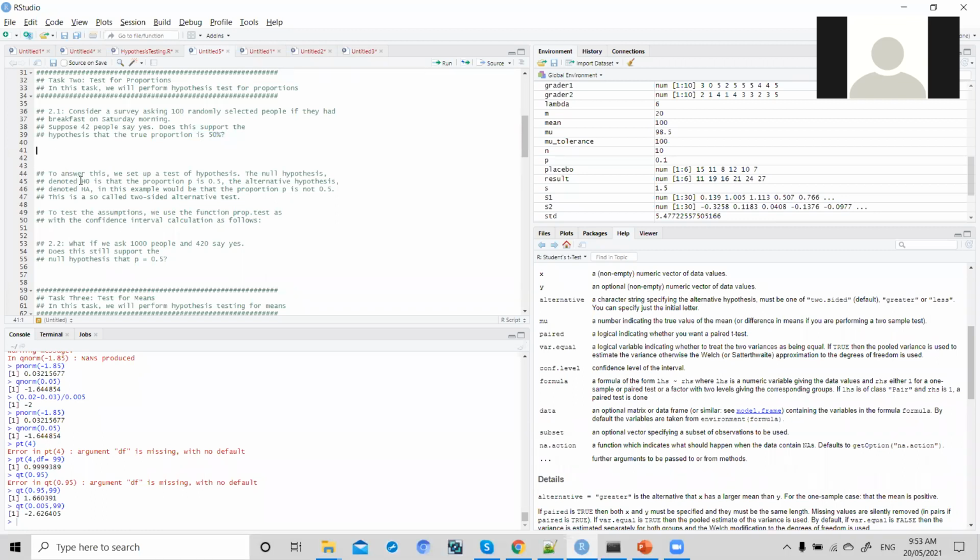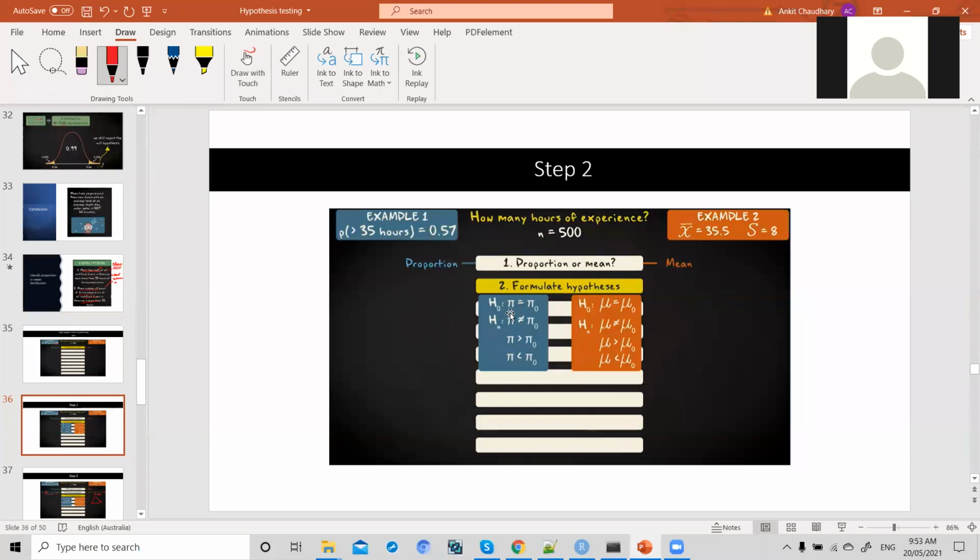The null hypothesis will be that the proportion is 0.5. If the proportion is 0.5, what will be your alternative hypothesis? Proportion is not equal to 0.5. That would be your null and alternative hypothesis.